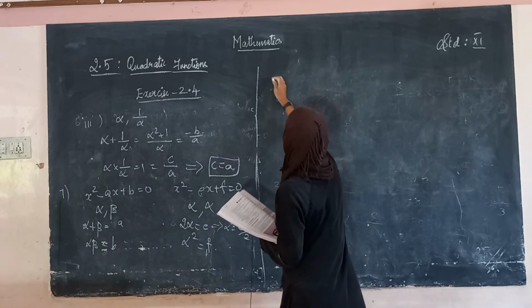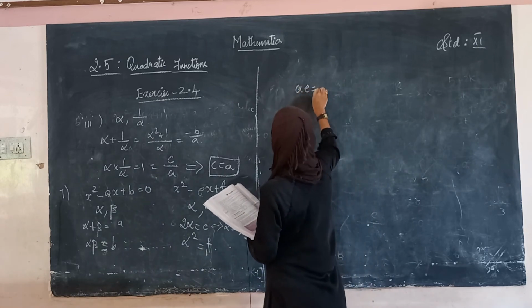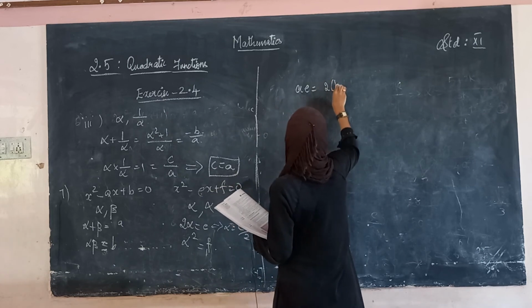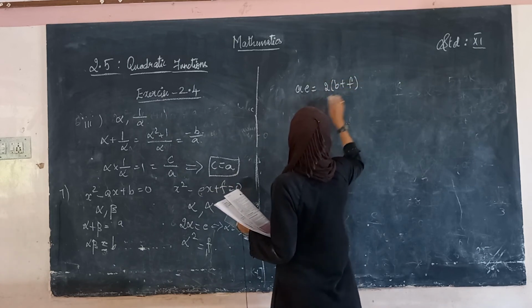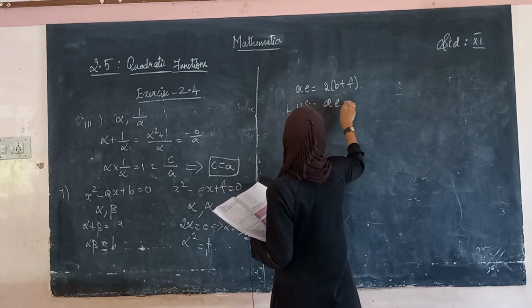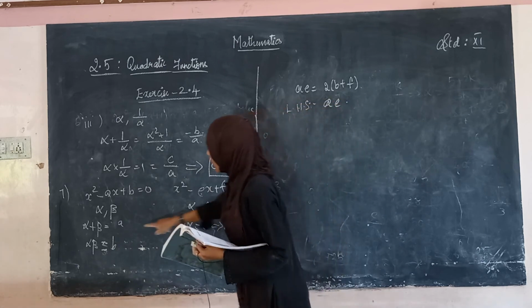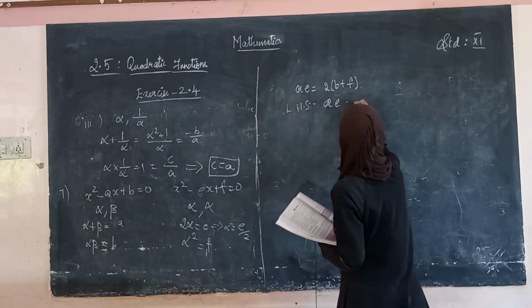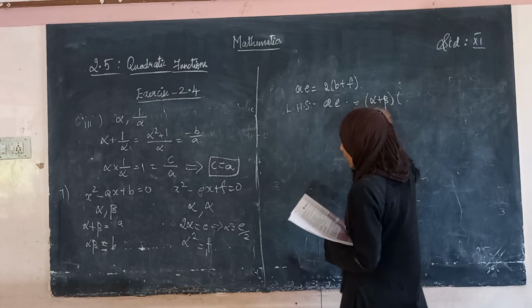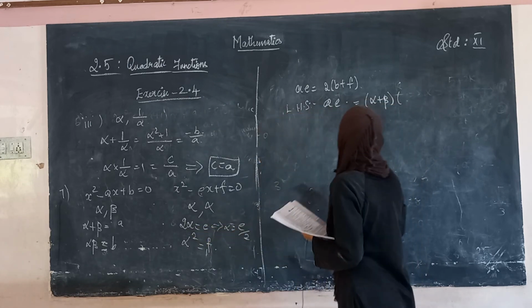What we have to prove is a into e is equal to 2 into b plus f. So now let us take the LHS alone, a into e. What is a? a is alpha plus beta, so alpha plus beta into e. What is e? e is 2 alpha.